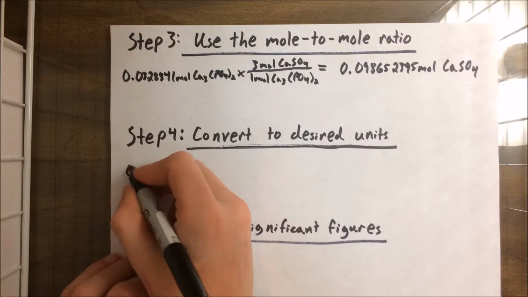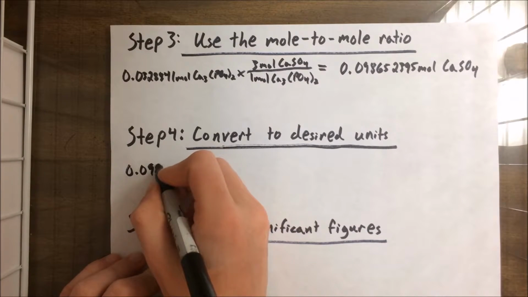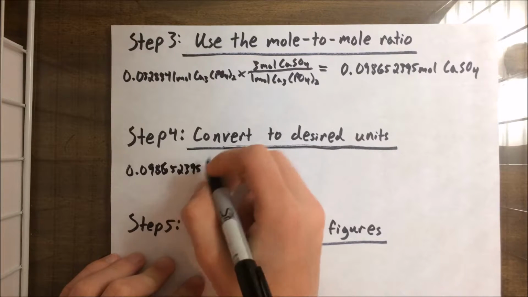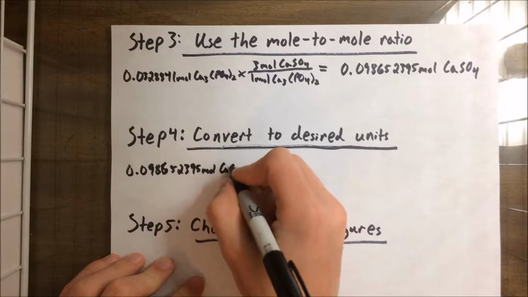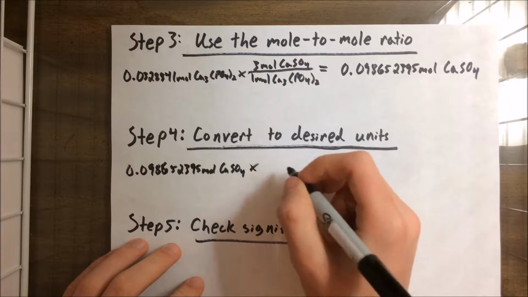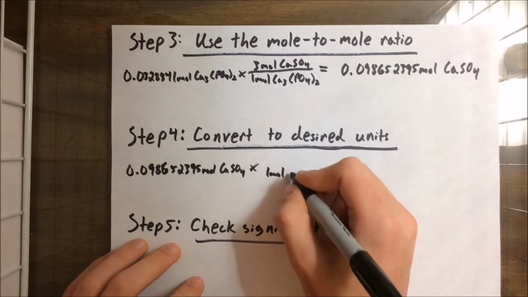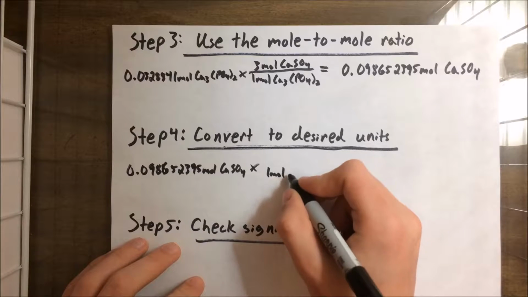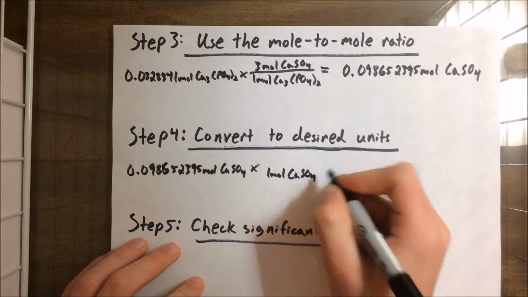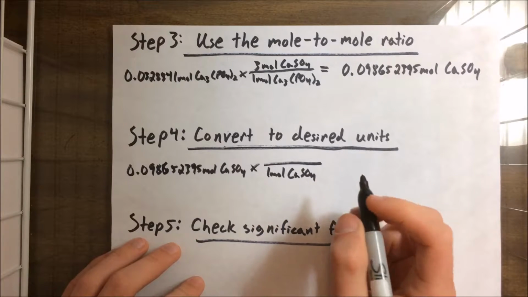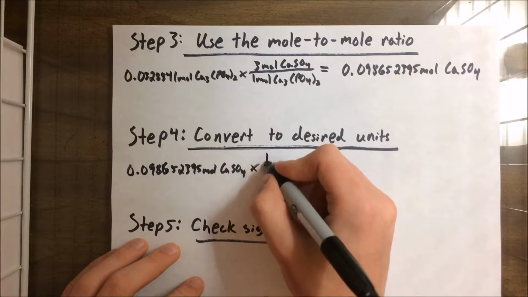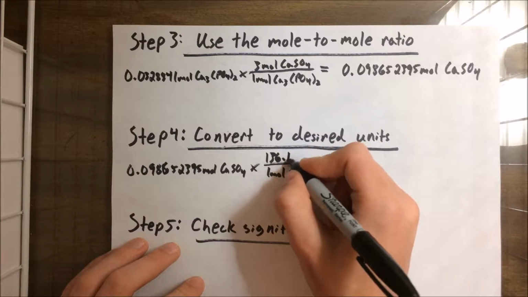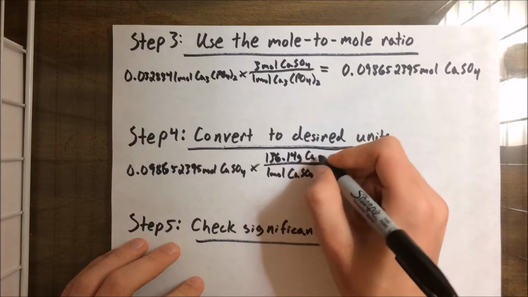So we have 0.098652395 moles of calcium sulfite times 1 mole of calcium sulfite for every 136.14 grams of calcium sulfite.